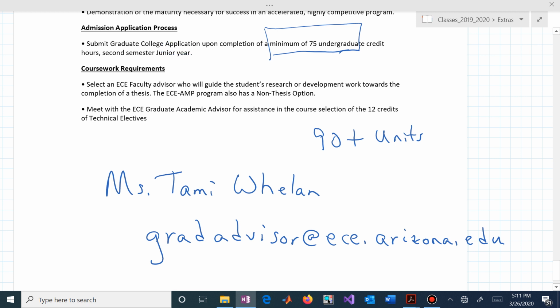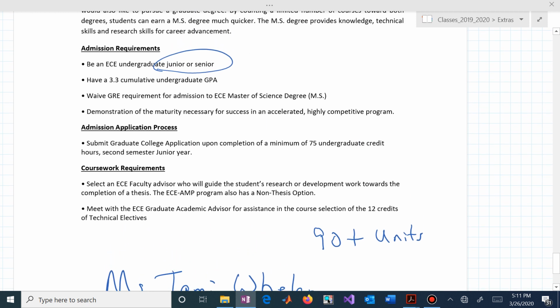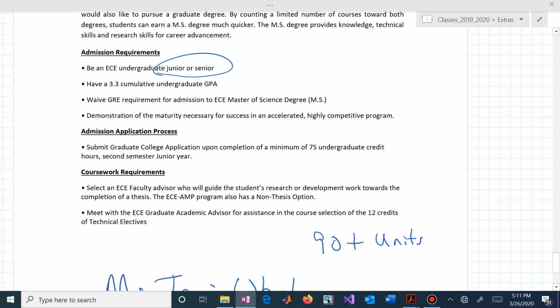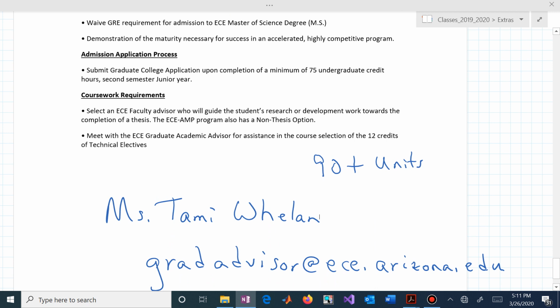And that's when you might want to be thinking then about pursuing this AMP degree. That means you need to keep your GPA at a 3.3 or higher. You want to be thinking about applying after 75 units, and then you can start taking these after 90 units.